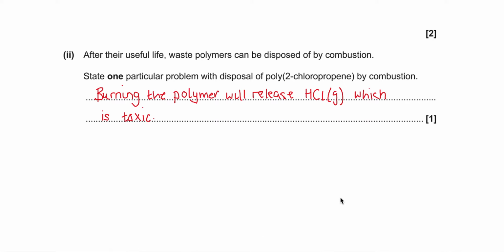Right, the next one is about the disposal of this polymer. So they're saying waste polymers can be disposed of by combustion, and it's asking for one problem of burning poly-2-chloropropene.